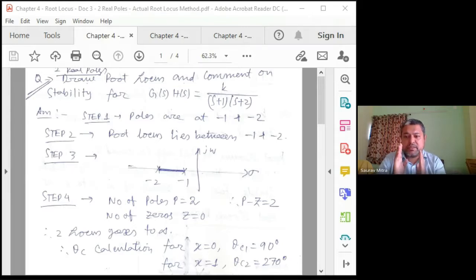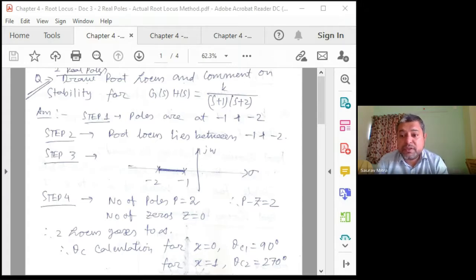So if this was the jω axis, the poles were going in the upward direction like this, and poles were coming in the downward direction. And finally we found the root locus. The root locus line for the pole which was at 0 initially, that is the origin, was going to -2 and then going upward. The pole which was at -4 was coming to -2 and going exactly downward.